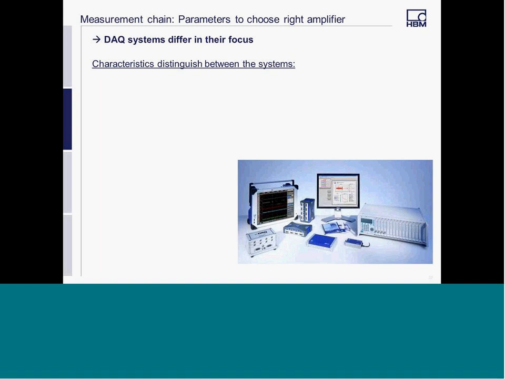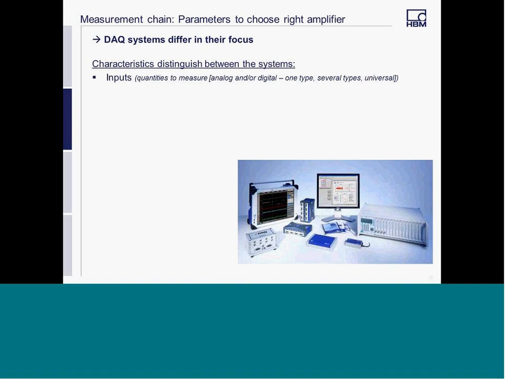Okay, what are the questions you should have? We should ask you about your inputs. So what quantities do you want to measure? What analog quantities, or do you also want to measure digital inputs, like a simple yes or no information, or CAN bus, or whatever? Do you want to measure only one type?